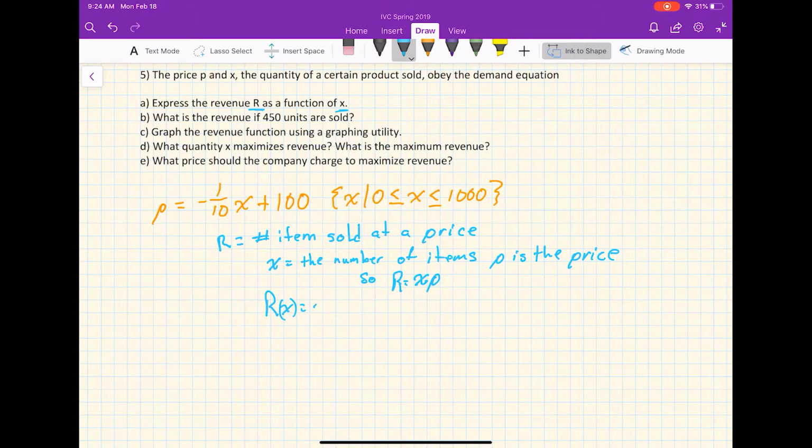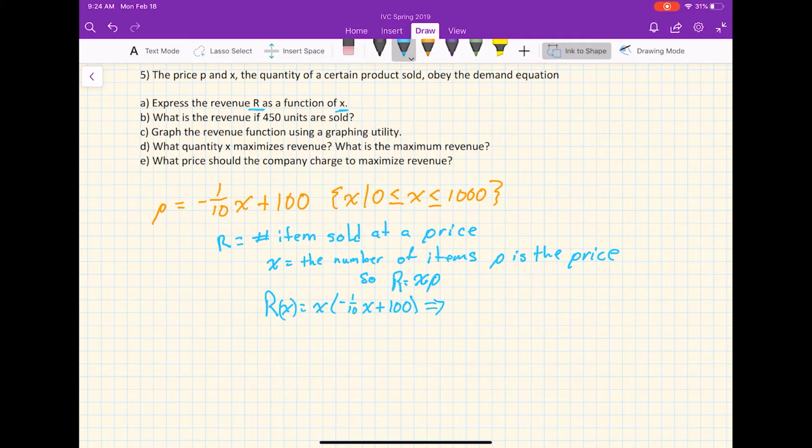It's very confusing, but the function R of x is equal to x times the original equation they gave us, which is negative 1/10 x plus 100.